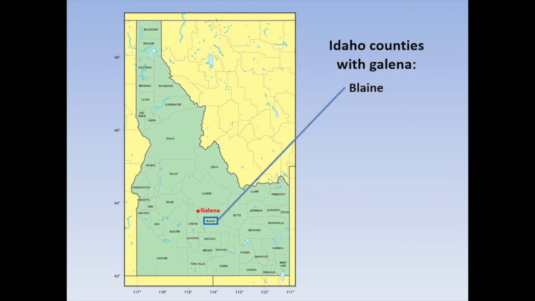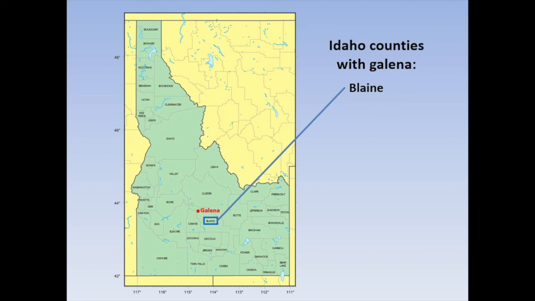We'll start with Blaine County in south central Idaho. Blaine County was well known in the old days because it hosted the Wood River District, which was a large producer of galena veins containing silver. In fact, Blaine County also has the distinction of hosting an old mining camp by the name of Galena, shown by that red dot up in the northwest part of the county itself.